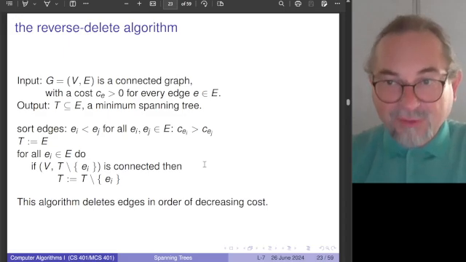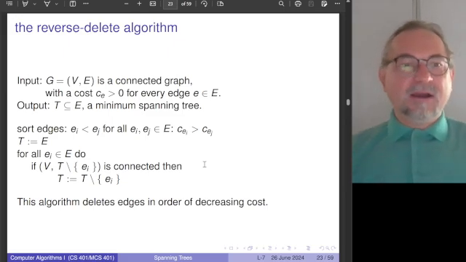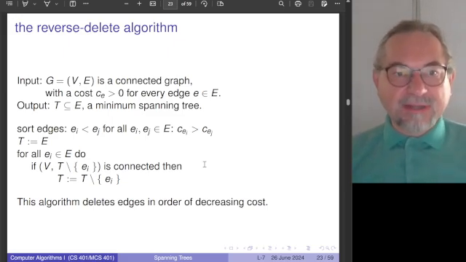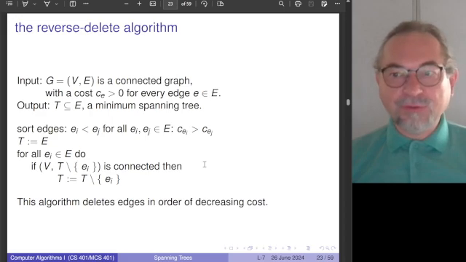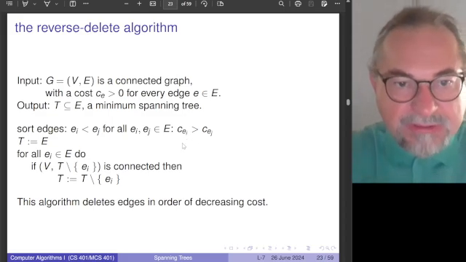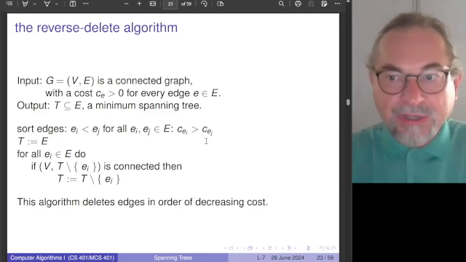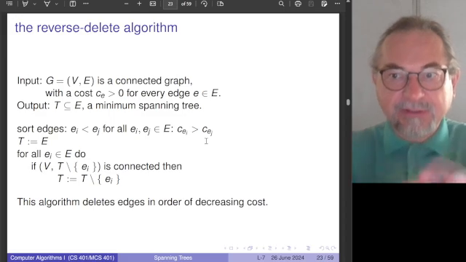Okay, third algorithm. So there is a third way of doing this. It's called the reverse delete algorithm. So you sort the edges again. We did this with Kruskal, but now consider we are sorting them in the reverse order. So we are starting with the complete graph and we delete edges.